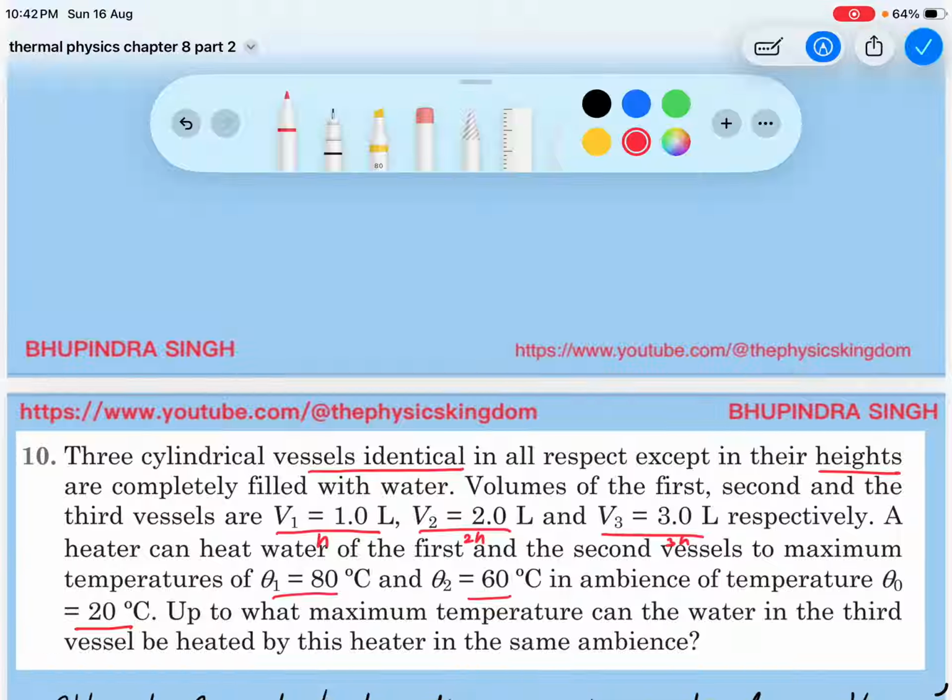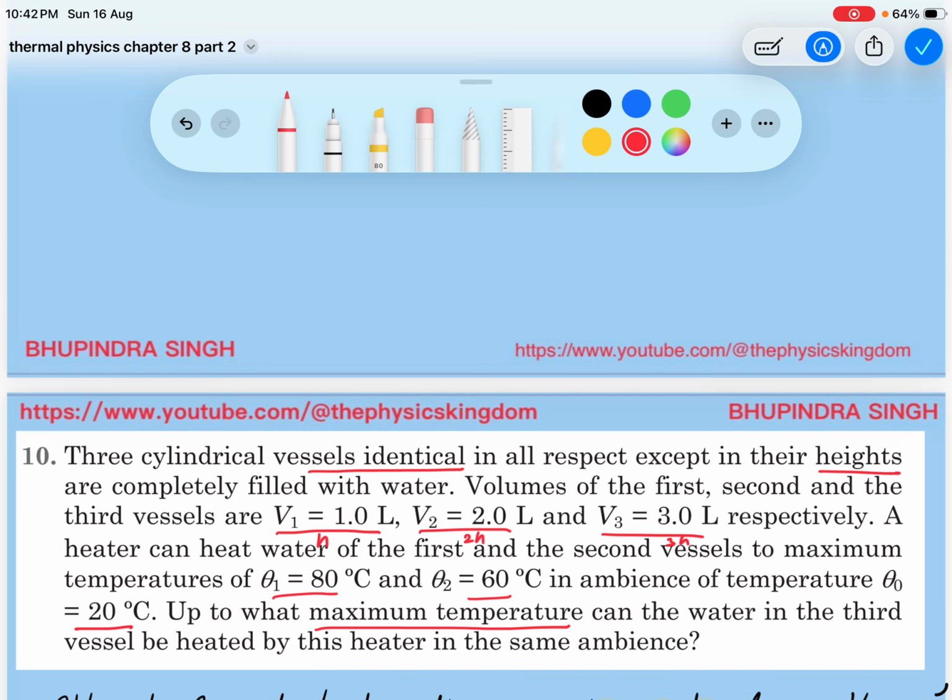Now first of all, why is there a maximum temperature? First we need to understand that. When we are giving heat, that heat is absorbed by water, and also there will be loss to the surrounding. Loss to the surrounding according to Newton's law of cooling is directly proportional to temperature difference.